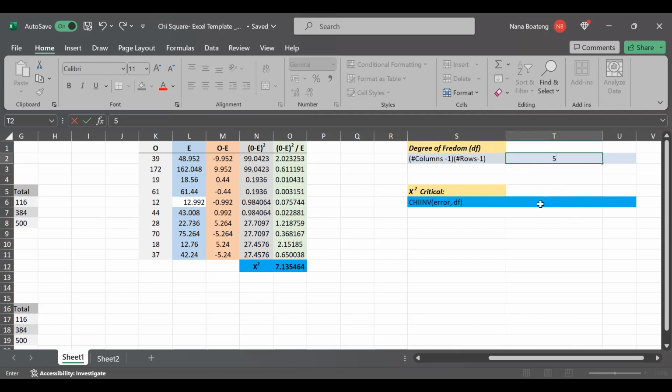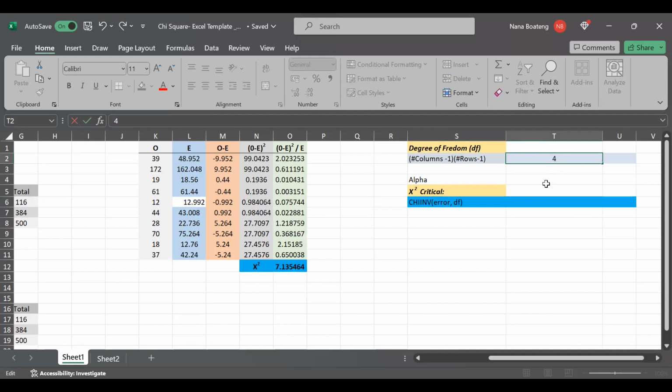Okay, so if we want to check the critical value, our degree of freedom is 5, and our alpha is 5%. Sorry, our degree of freedom is 4, isn't it?